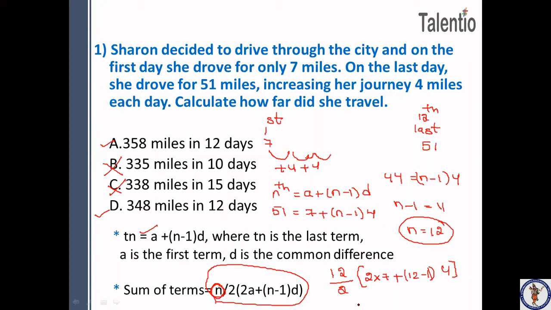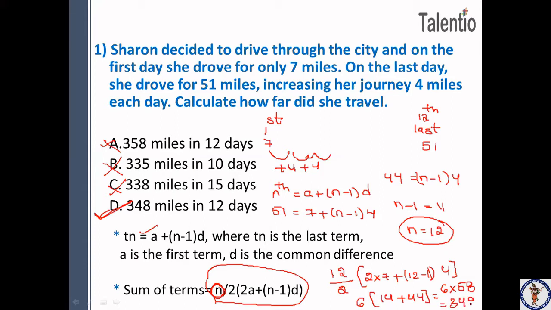Just simplify. 12 by 2 is 6. 2 sevens are 14, plus 11 fours are 44, which equals 6 into 58. 6 eights are 48, 6 fives are 30, so 348. So what is the answer? Option D. Option A is wrong. So 6 into 58 equals 348.